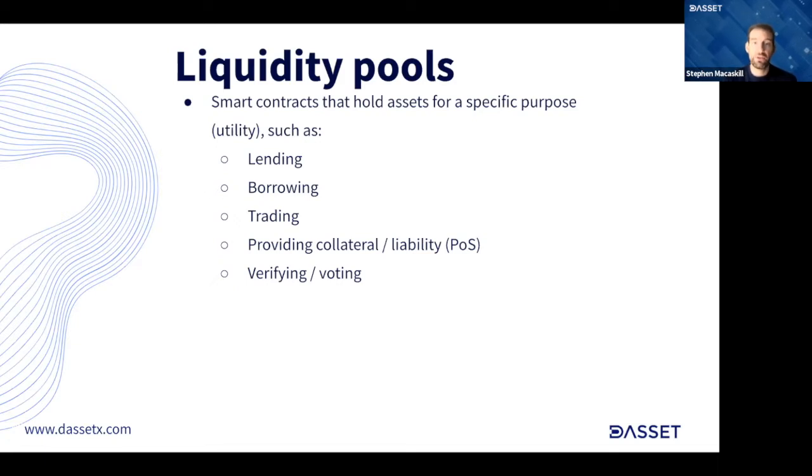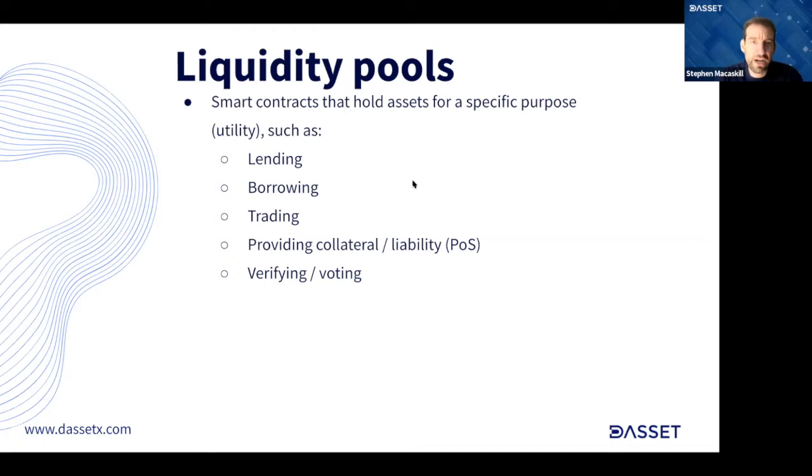So if you want to borrow a stablecoin, you need a pool of stablecoin funds that you can borrow against. If you want to lend, then you need to provide collateral to a pool for other people to borrow against. If you want to trade using software, then you can process trades directly from those smart contracts with the most liquidity.